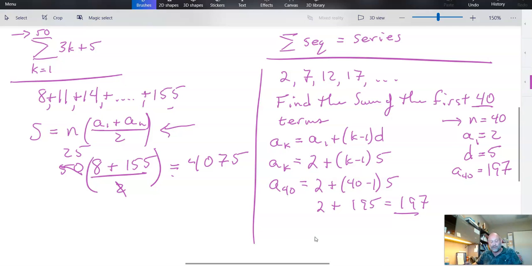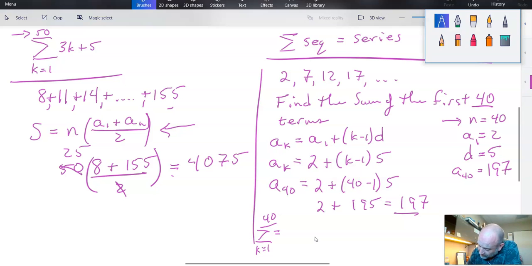Okay, so we have all these pieces. It's just a matter of putting them into the formula now. Right, so the sum from k equals 1 to 40. Well, this handwriting is bad. Hang on.